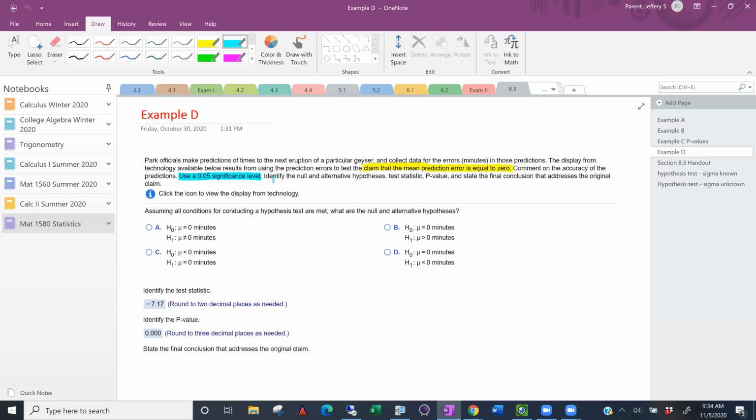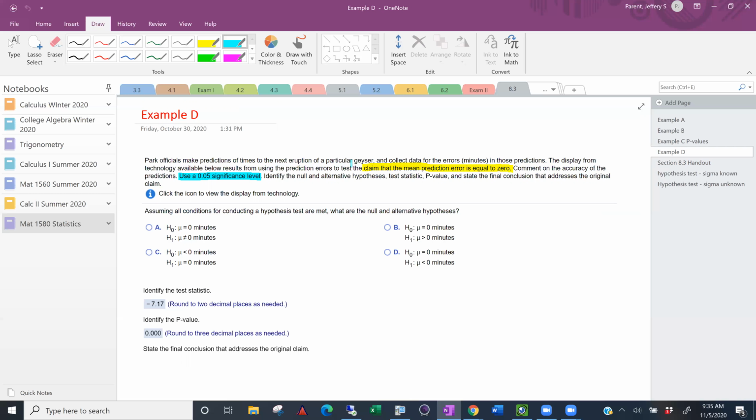So let's look back here at the example, the claim. The mean prediction error is equal to 0. All right. Can anyone frame that in terms of some symbols? Mean prediction.